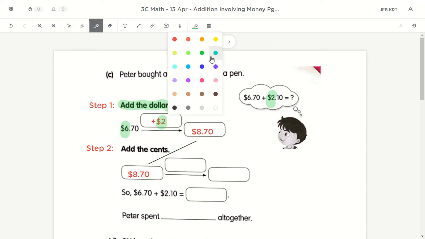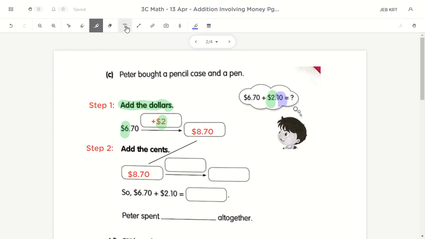Use a different color. Now I need to add my 10 cents. Right?